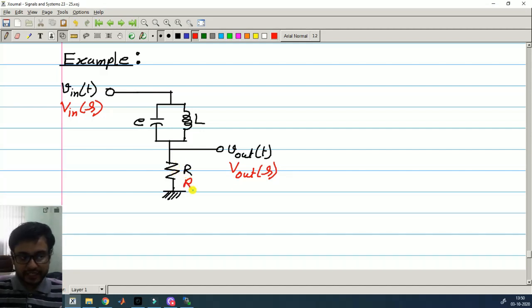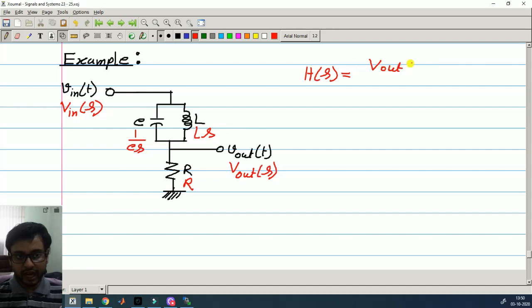R is R itself, L will become Ls, C will become 1 by Cs. This is under relaxed condition, of course. Then we have to find the transfer function H(s), which is V out(s) divided by V in(s).